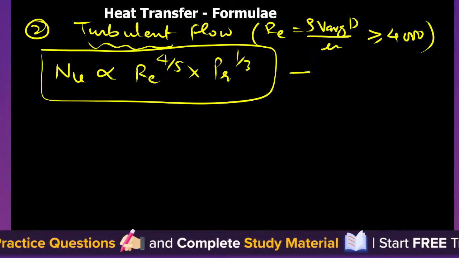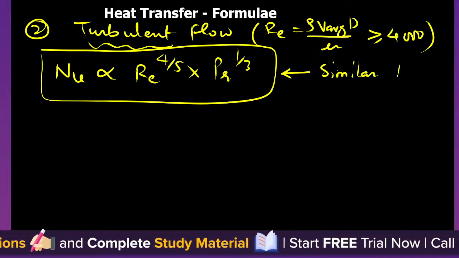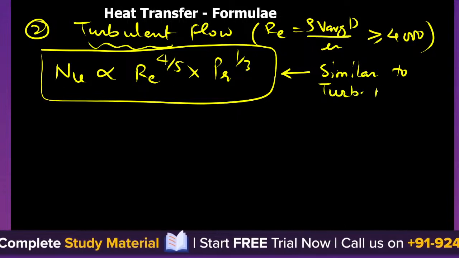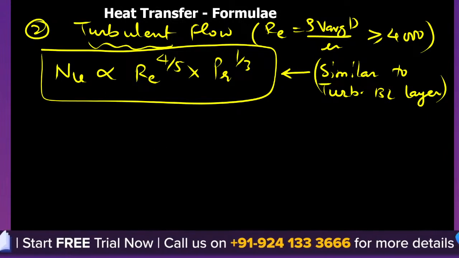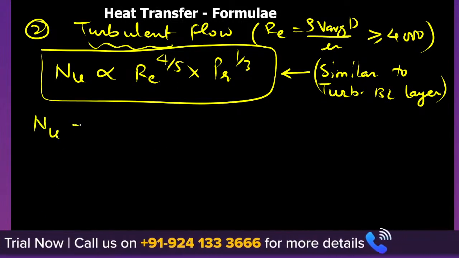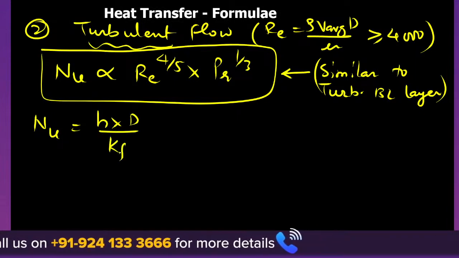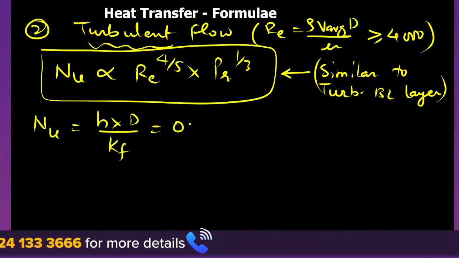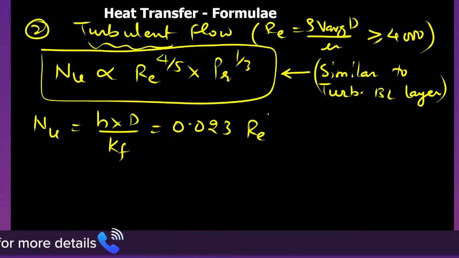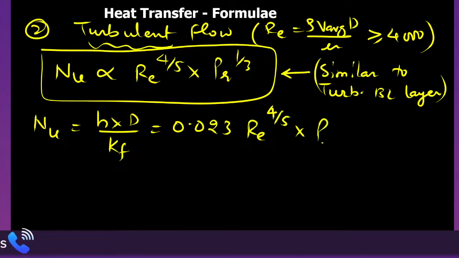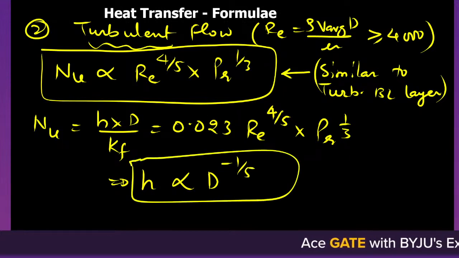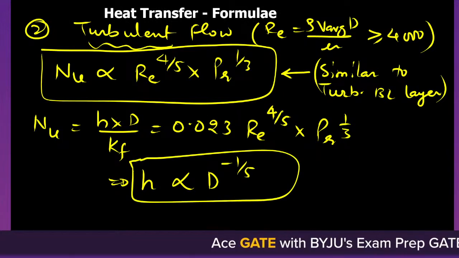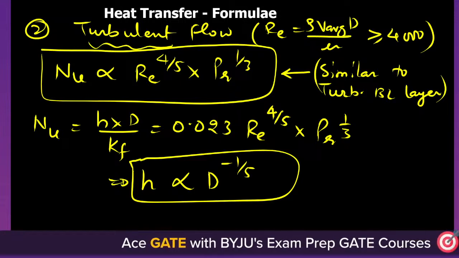The expression is quite similar to the turbulent boundary layer, and more specifically, Nusselt number hD by Kf is equal to 0.023 Reynolds number to the power 4 by 5 into Prandtl number to the power 1 by 3. So h is proportional to D to the power minus 1 by 5. That is the expression for turbulent flow in a pipe.